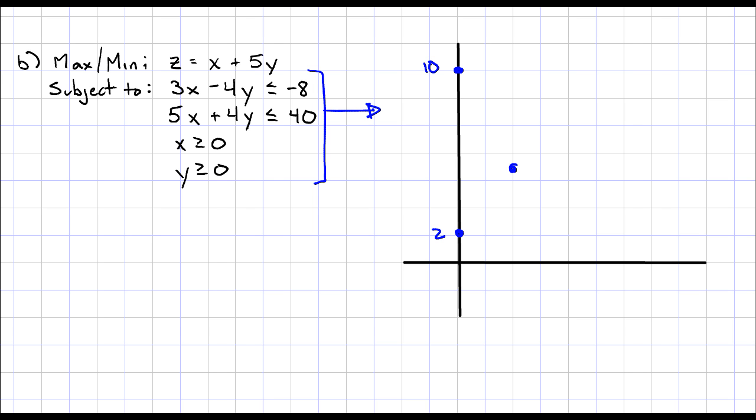I'm not sure what happened there. Okay, let's try that again. I end up with a triangle that looks a little like this as my feasible region.